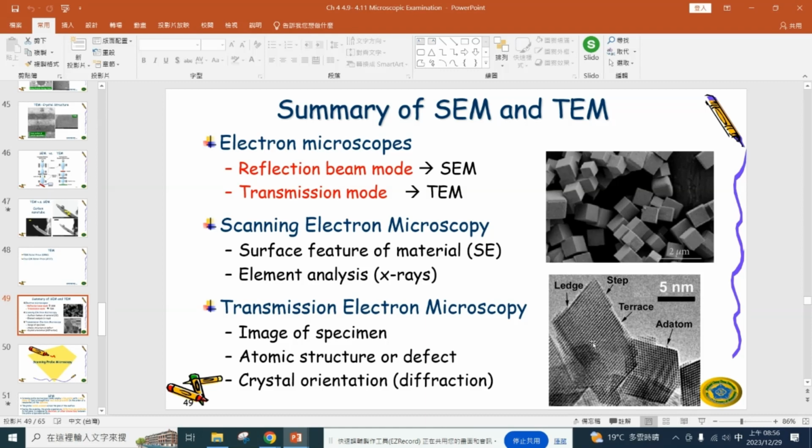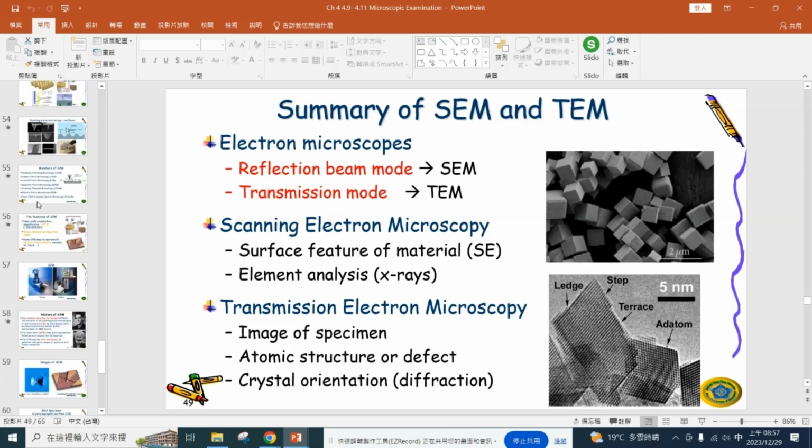So you can find out that this is a transmission mode. The TEM is more powerful than the SEM because you can see the things inside the object. So this is the information you want to know about SEM and TEM.